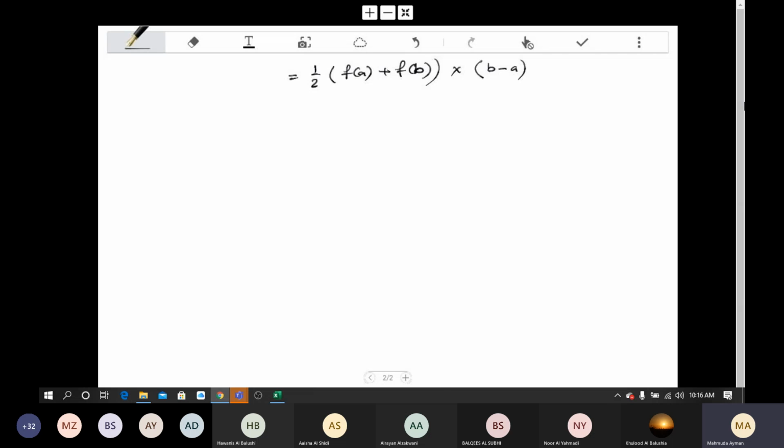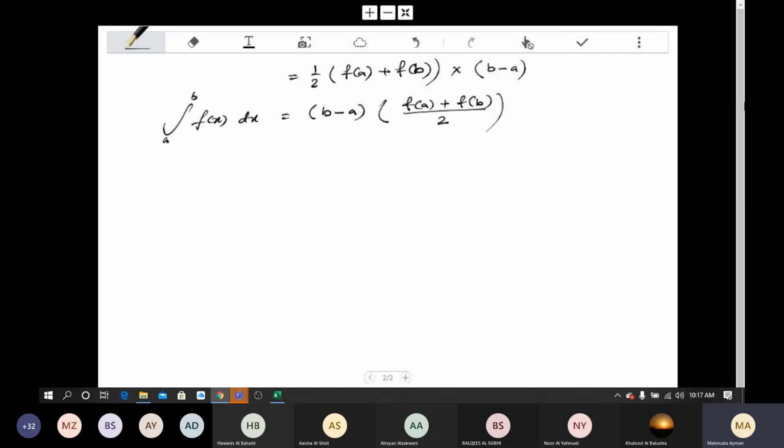So writing it nicely now, you have an integral from A to B of the function f(x) dx, and the formula to calculate this integral by the trapezoidal rule is, let's say, the perpendicular distance first, B minus A, times f(A) plus f(B) divided by 2.